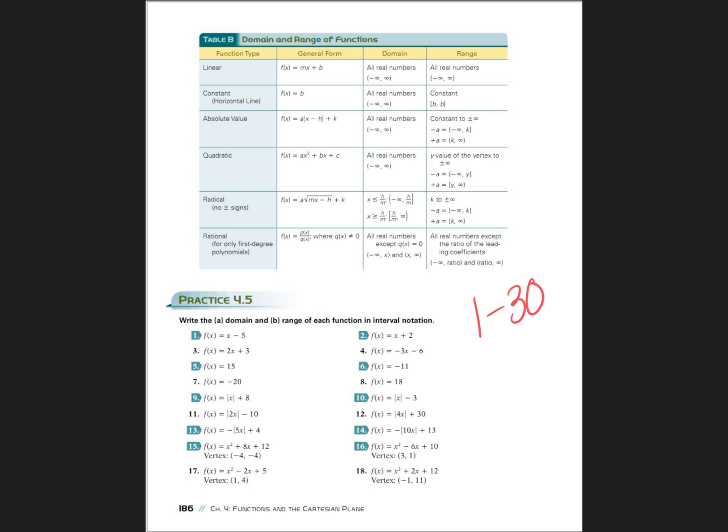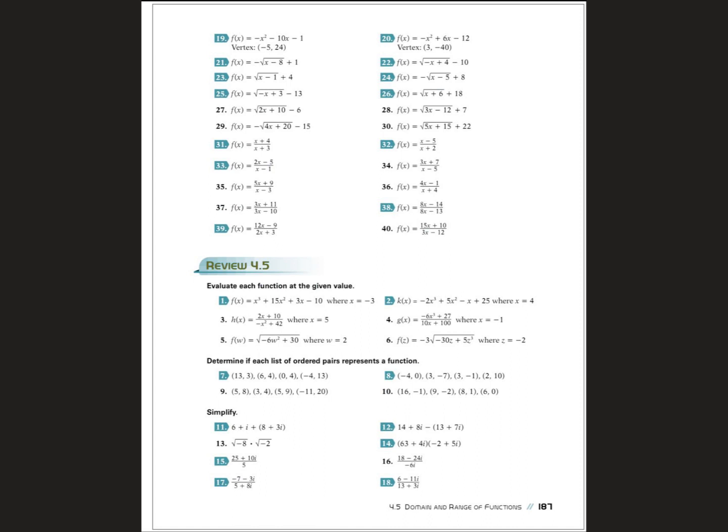That's probably what I'll do. All right, go ahead and start working through 1 through 30. It's not homework, but we've got time, so get started. Those are just through the ones we did today. We'll talk about the rational ones tomorrow.